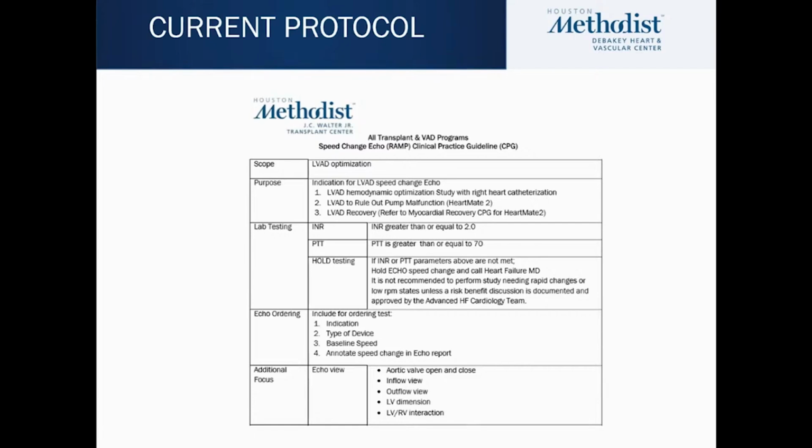Our standard of care is that the patient should be fully therapeutic in terms of their INR. So the INR goal is usually around 2 and PTT around 70. And if they're not therapeutic, we try not to do these ramp tests.